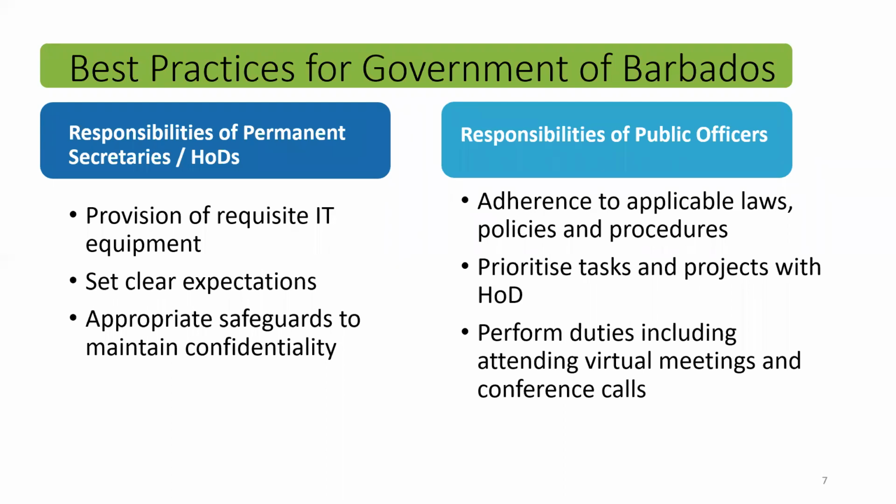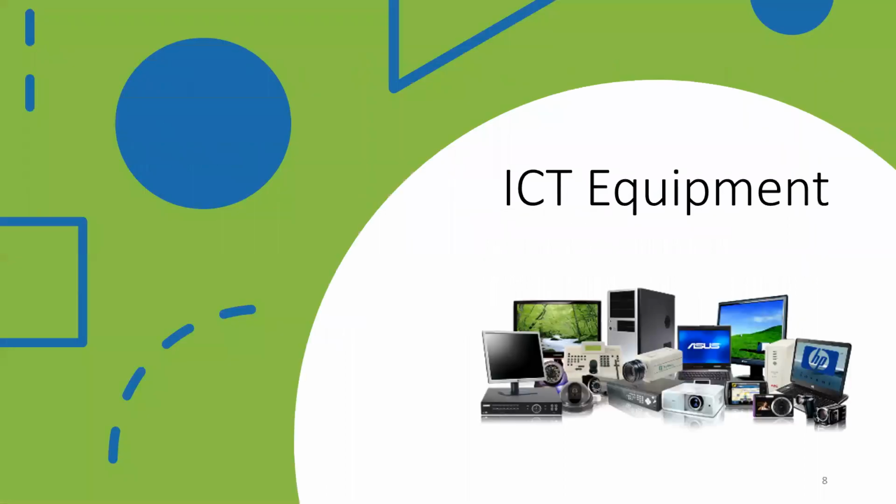In order to work remotely, the technological equipment needs to be utilized. What is this equipment I'm talking about? It can be a tablet, your smartphone, your desktop computer or your laptop computer, or whatever digital equipment is required for you to carry out your work duties. So we're going to look at the equipment at this time.